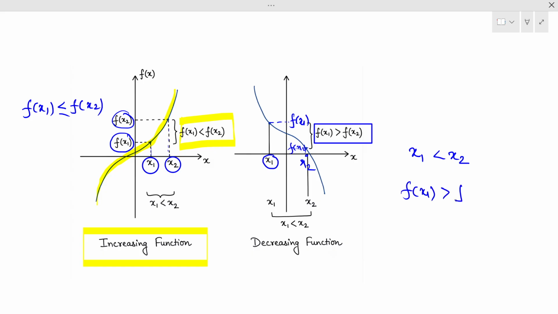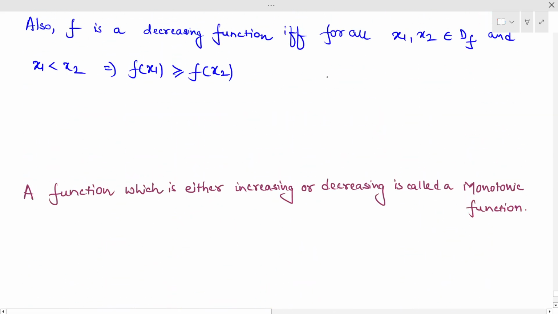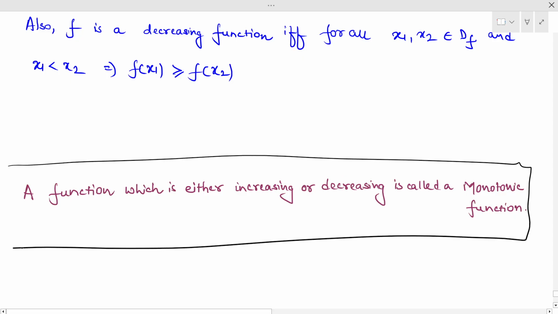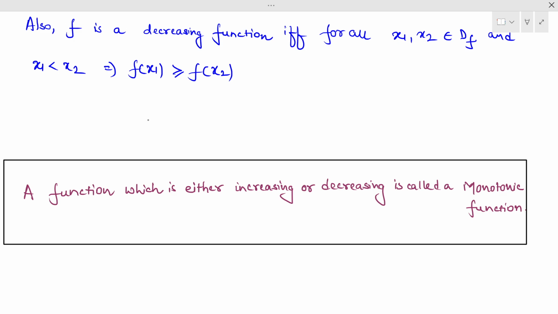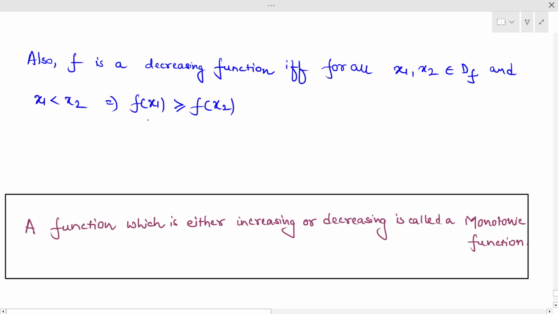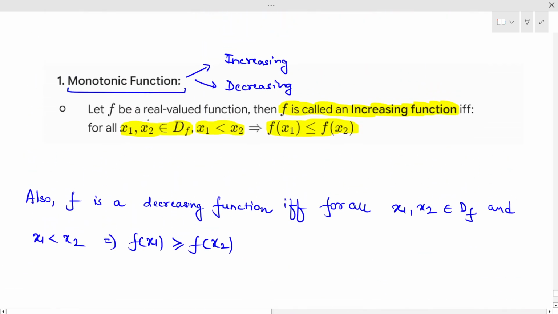Whenever we have such a condition, this means that the function is decreasing, right? So whenever your function is either increasing or decreasing, such type of function is called a monotonic function.